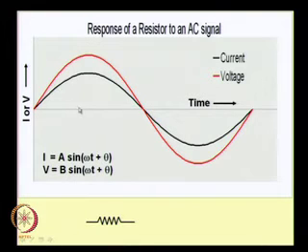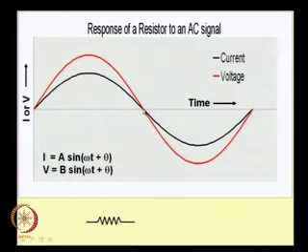In terms of phase, when current reaches pi by 2, voltage also reaches pi by 2. When current reaches pi, voltage also reaches pi. They all reach the same angle, but when one is at 0, the other is at 0, and when one is at maximum, the other is at maximum.